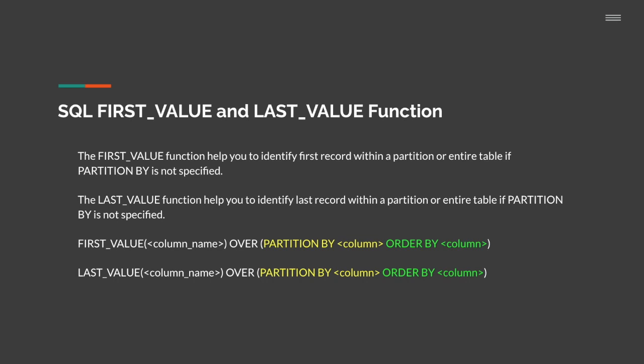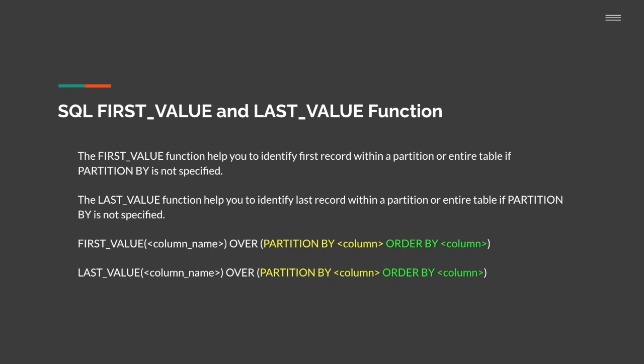Both syntaxes for the functions are very similar, with the key difference being the initial keyword provided to start the function. So for the first value function, you'd start off by providing the first value keyword, and for the last value function, you'd start it off by providing the last value keyword.